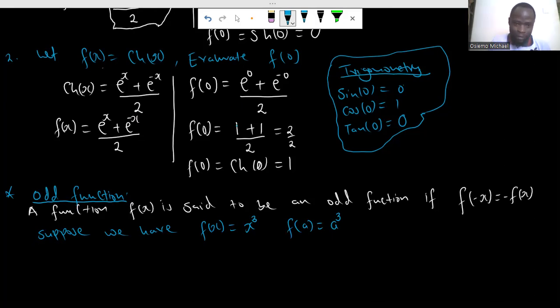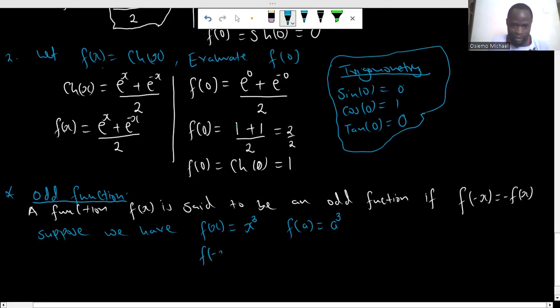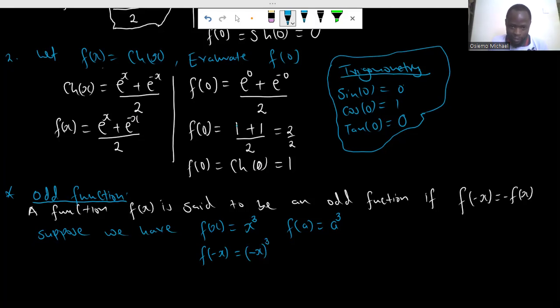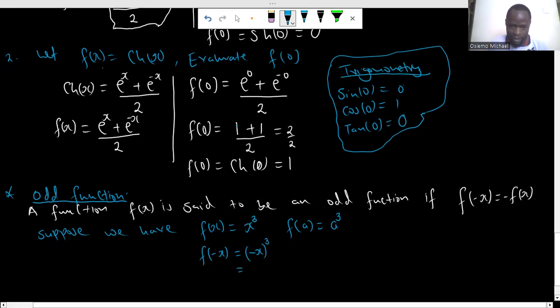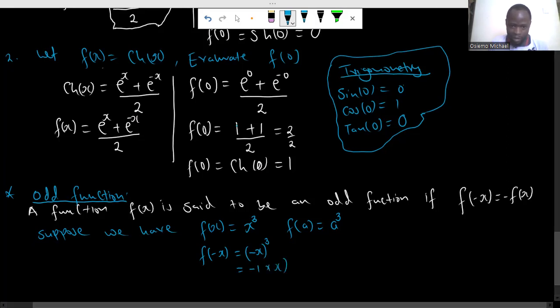Now, if we want to check what will be f at negative x, it simply means wherever I have x, I put negative x. So it will be negative x and all of it cubic, right? And so if you check this one here, it is the same as negative 1 times x, then cubic.